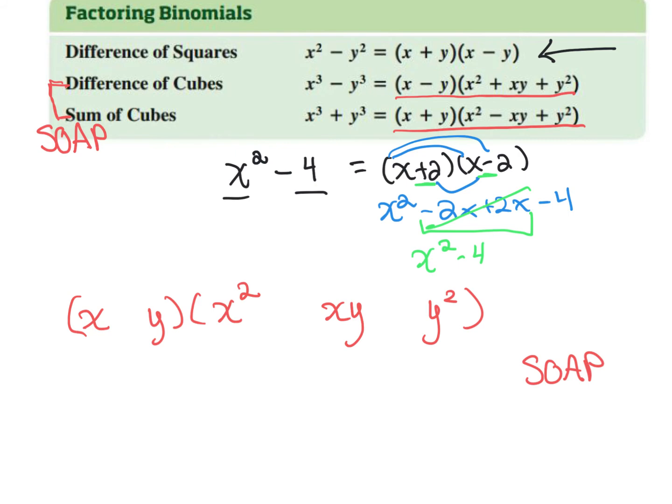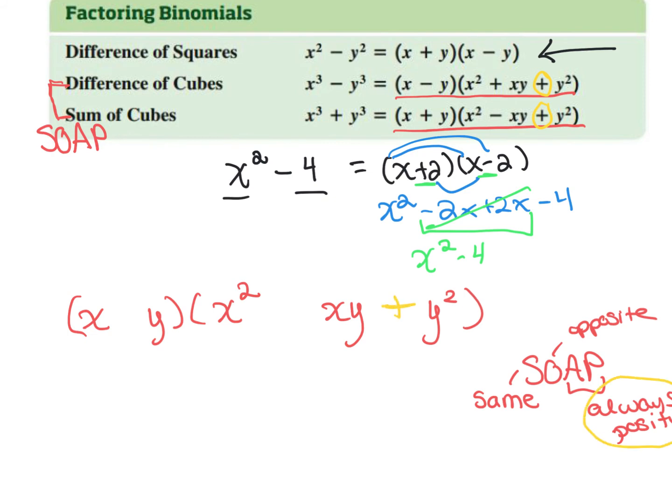So when we SOAP, SOAP stands for same, opposite, and the last two stand for always positive. If you look, this last term in both of them is always positive.